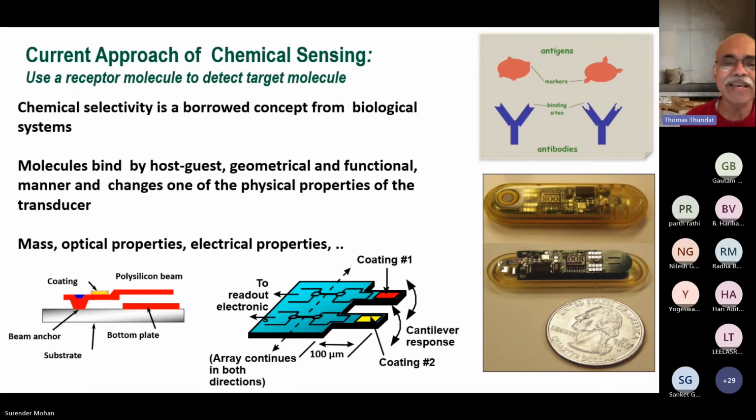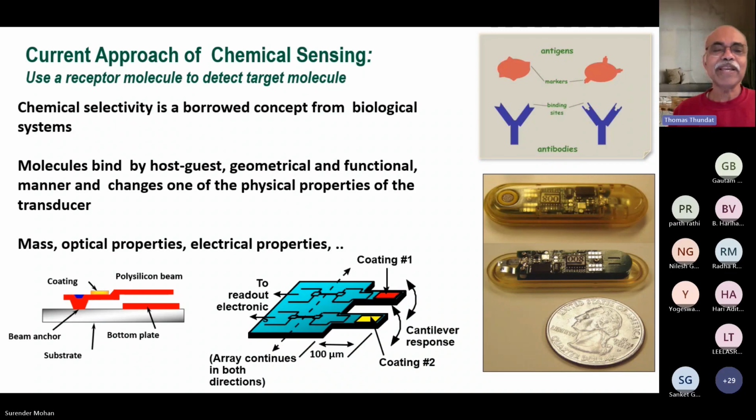Like I mentioned a little earlier, we put a self-assembled monolayer or some kind of a receptor or chemical interface. This is a technique or an approach borrowed from biology. Biology, antibody and antigen come and interact with each other. So antibody will be immobilized on the surface of the sensor. Antigen comes in, it binds. It can change the mass, or it can change the surface stress, or one of the other physical properties.